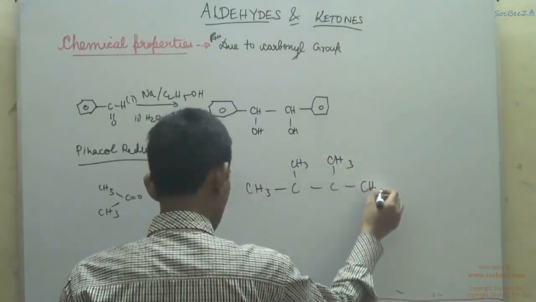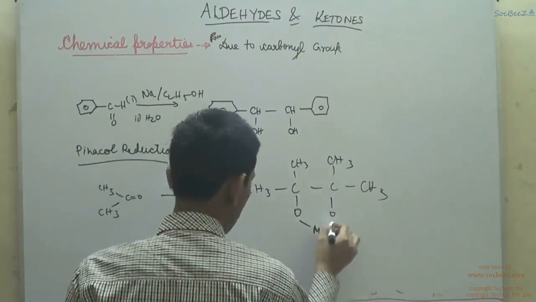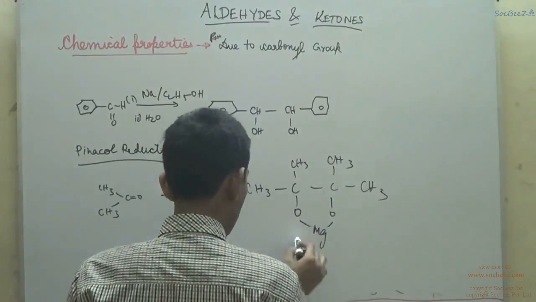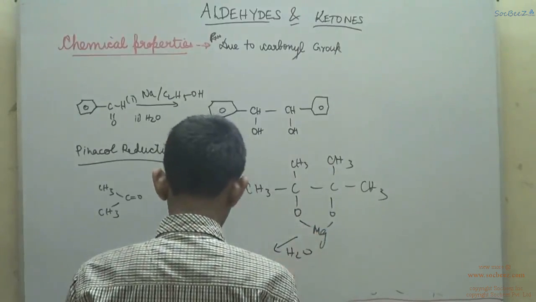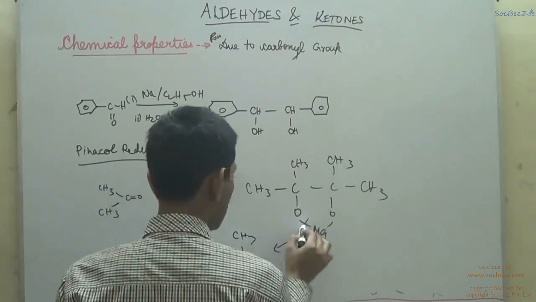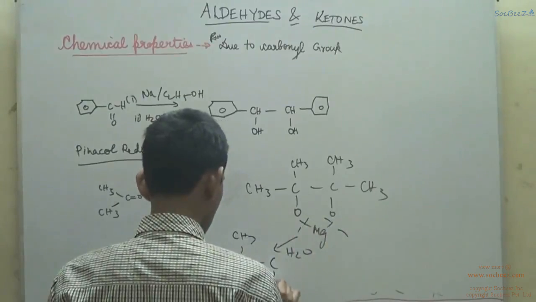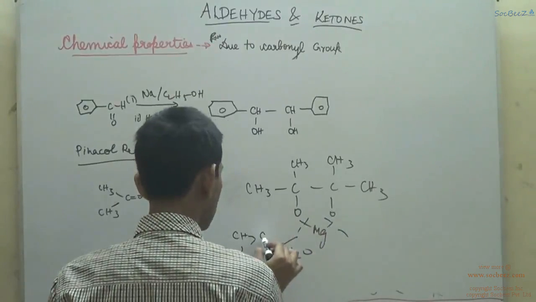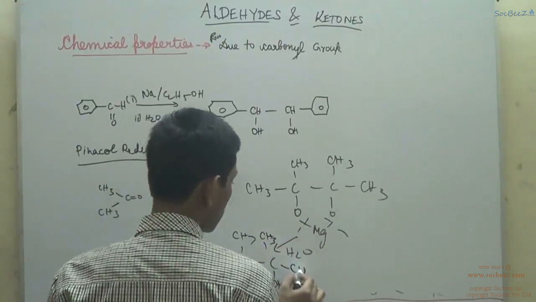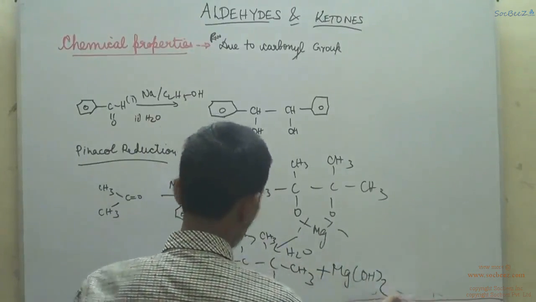Okay, basically this is again a coupling, and this is how your magnesium gets attached. If you treat it with water, then you'll get CH3, C, OH, C, OH, CH3, plus you'll get Mg(OH)2.